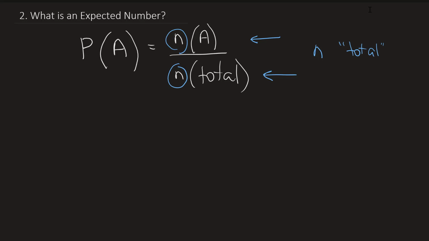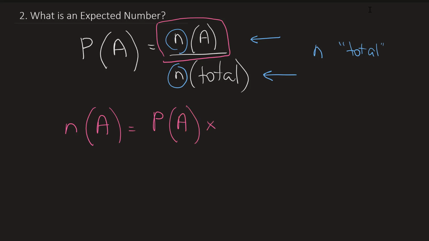Let's take this formula and rearrange it, and this time we're going to make this numerator the subject of our new equation. So we're going to write NA is equal to the probability of A multiplied by the total.